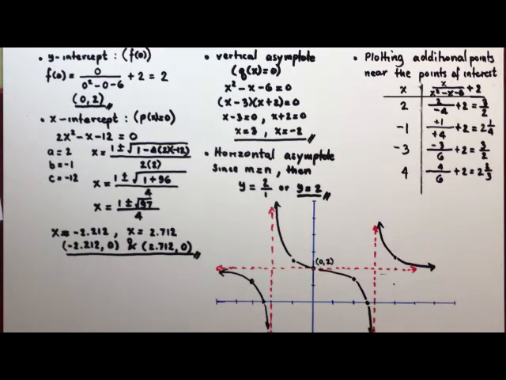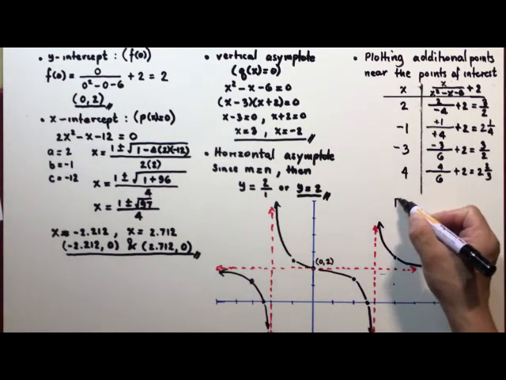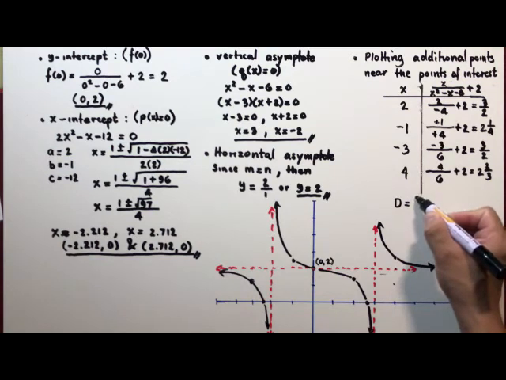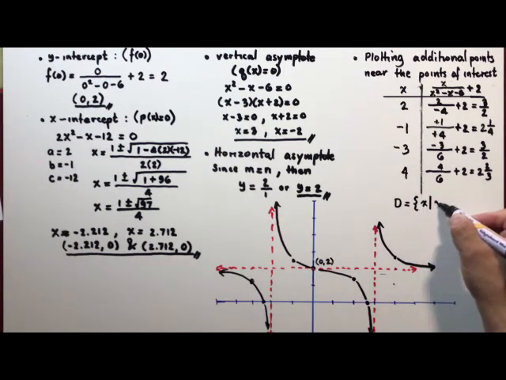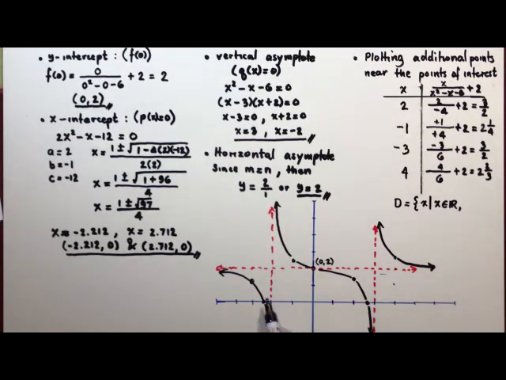Then, therefore, we can determine the domain of the function. The domain of the function is the set of x where x is a real number. So it's defined in all the real numbers except these points, negative 2 and 3. So x must not be equal to negative 2 and x must not be equal to 3.